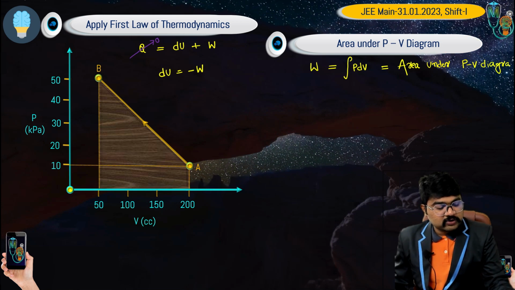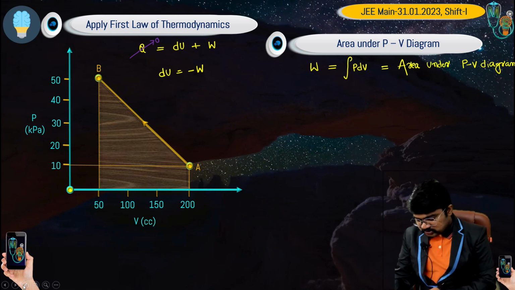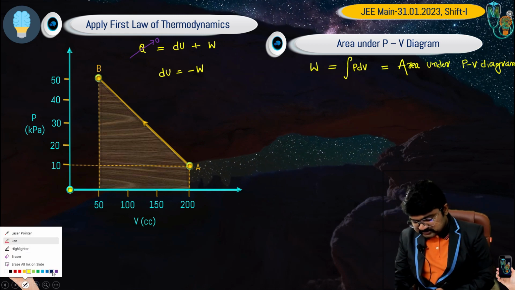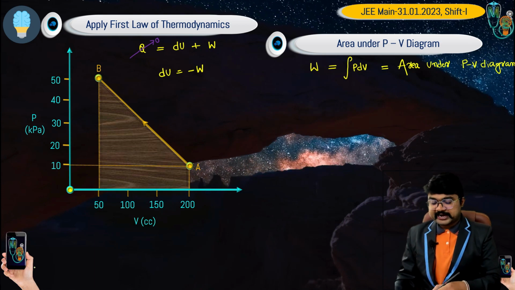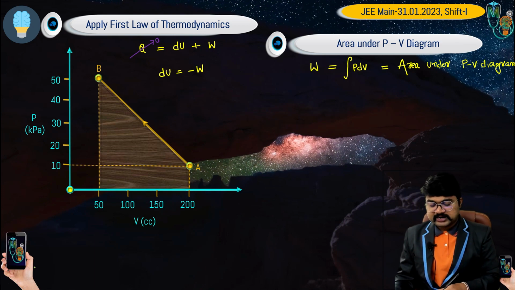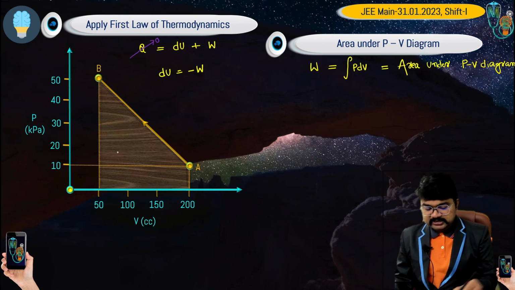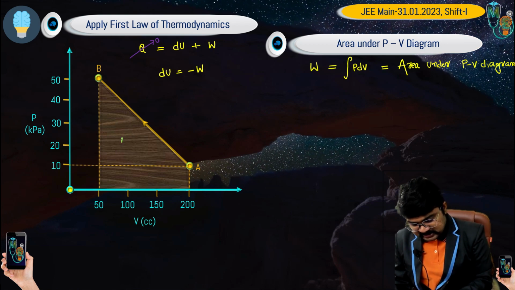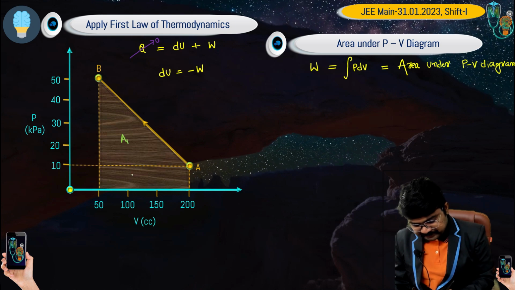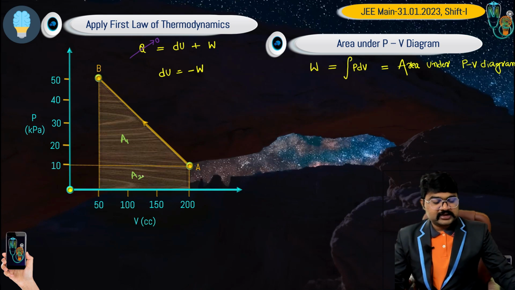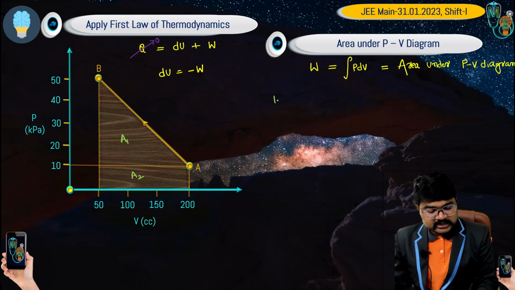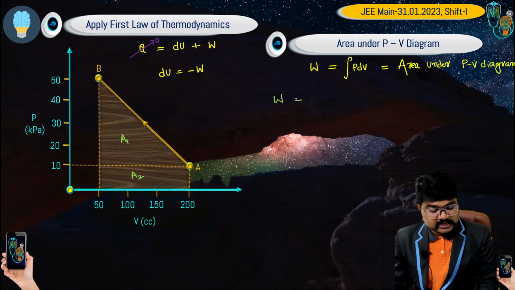So how to calculate the area? It is very simple. Here we have one rectangle and one triangle. So I can say this would be A1 and this would be A2. Finally, the work done is equal to the total area A, which is A1 plus A2.